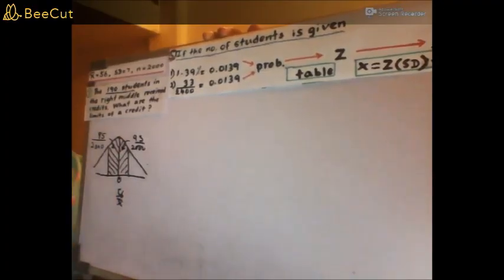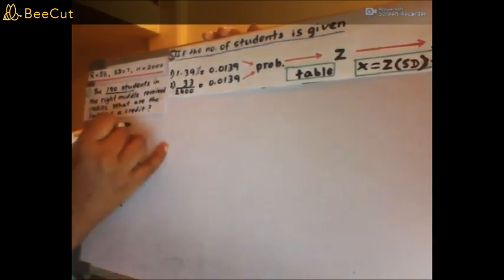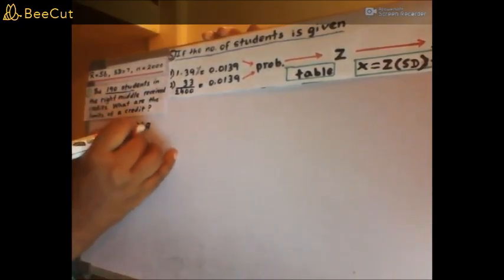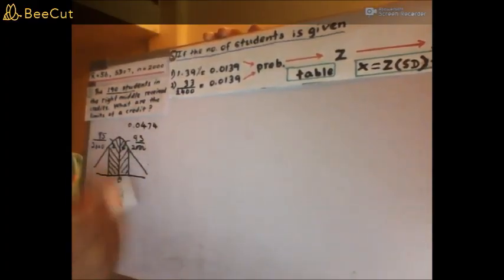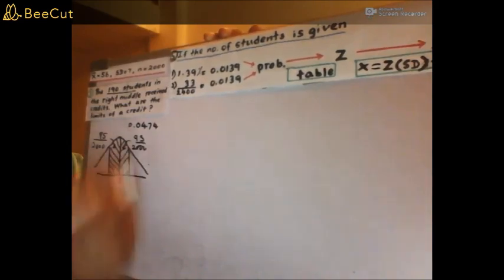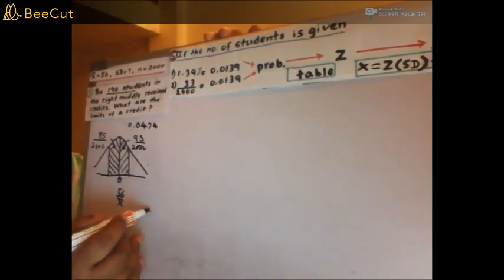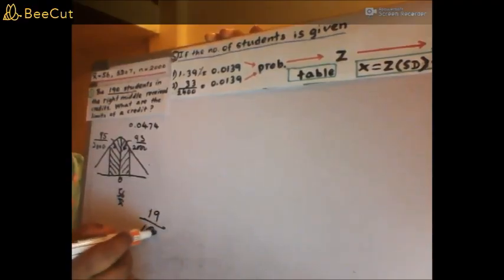You divide it, and the probability is 0.0474. Here 0.0474. You know how to do this, no? 95, then divide this by 5, 190 divided by 1000.